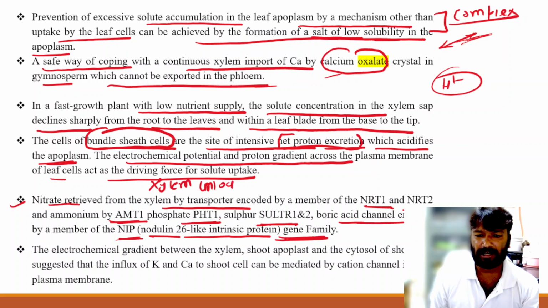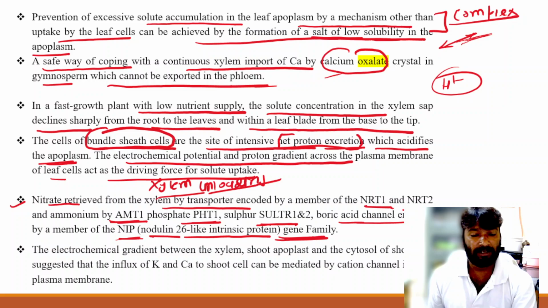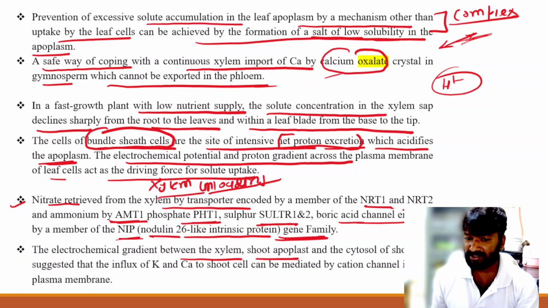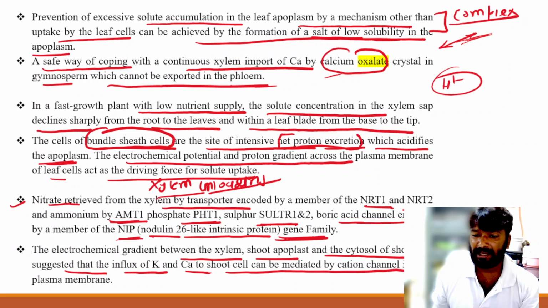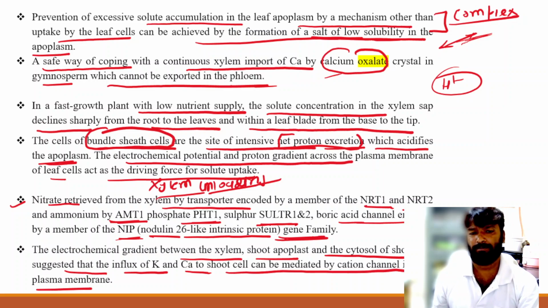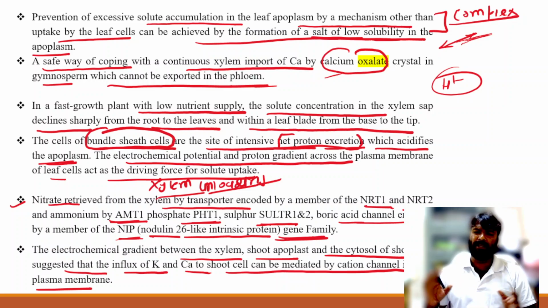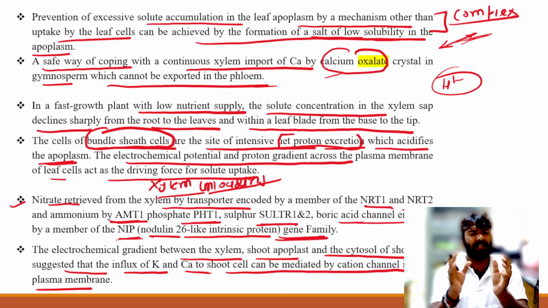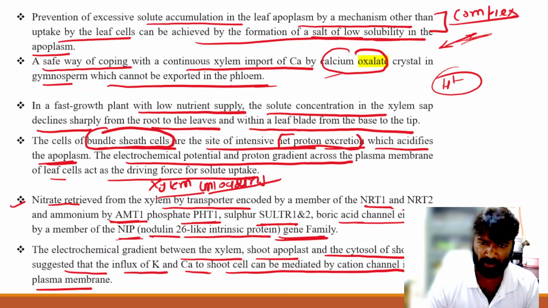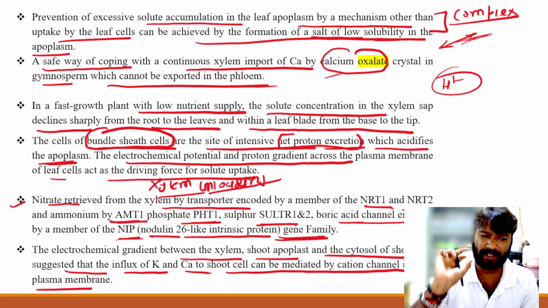So these transporters are involved in the xylem unloading. Also, the electrochemical gradient between the xylem shoot apoplast and the cytosol of the shoot cell suggests that the influx of potassium and calcium to the shoot cell can be mediated by cation channels in their plasma membrane. So friends, several transporters are involved in the transport of these nutrients from the xylem cell to the leaf cells. Okay, so this is known as xylem unloading.